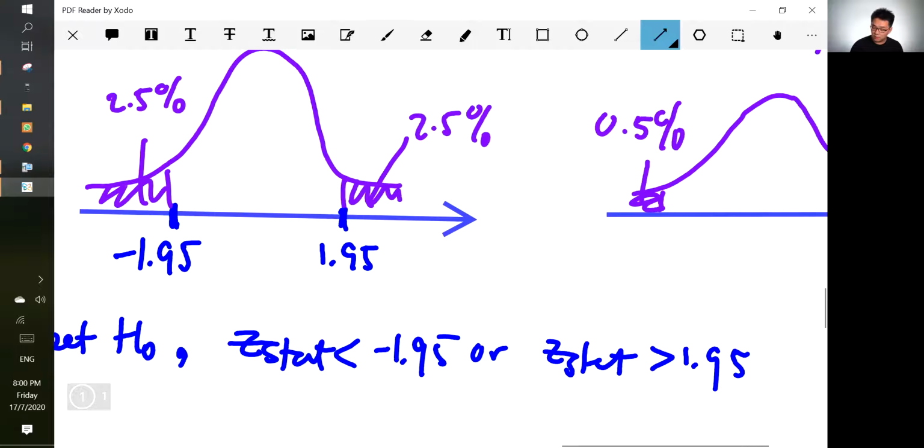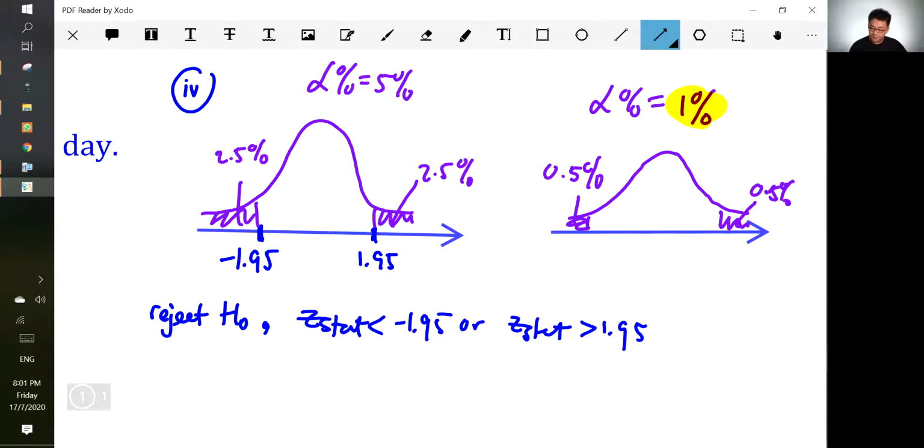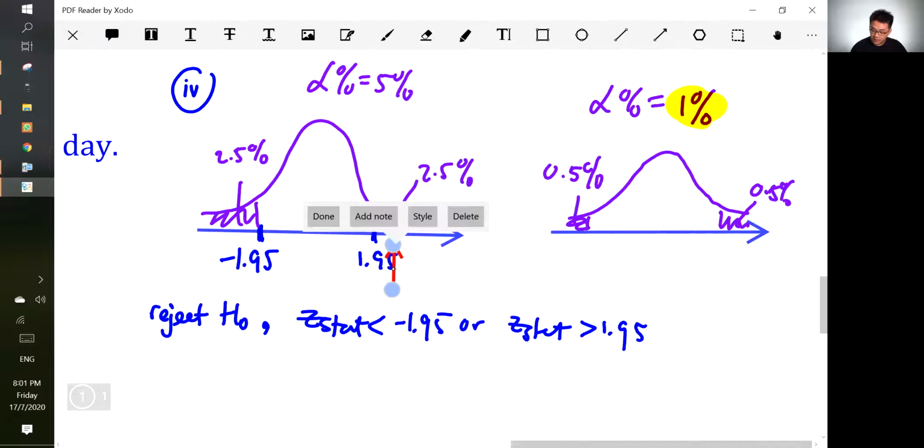So the question now is, when you change the test to a 1% level of significance, would you also reject H naught? Let's say it's here. Can you conclusively say that it will be within the rejection region at 1%?